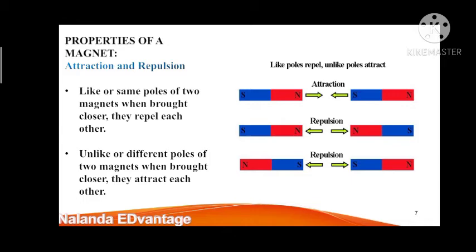Then the property of repulsion comes into play, because only a magnet can repel another magnet, but any iron-based object will always be attracted towards a magnet. So this property makes the difference, and if you want to distinguish between magnetic substances and a real magnet, the property of repulsion will help you.